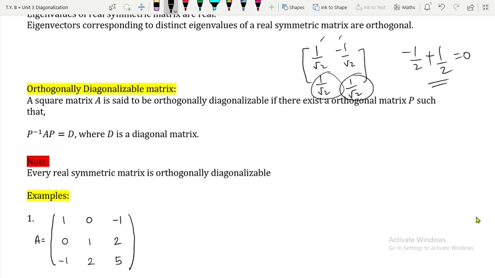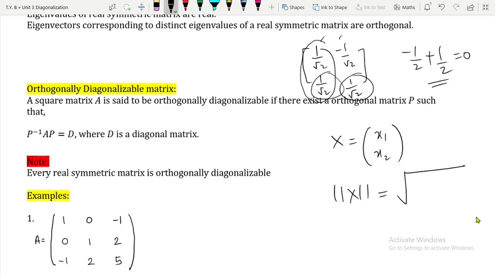And observe one more thing: what is the norm of each vector? What do you mean by norm actually? If your vector is x1, x2, the norm of the vector is given by the square root of x1 square plus x2 square, right? We already studied it in second year.